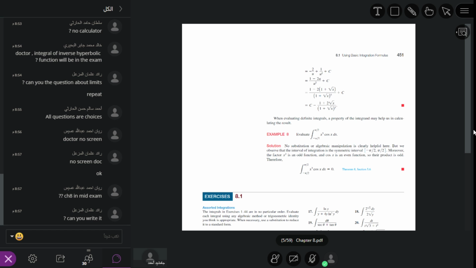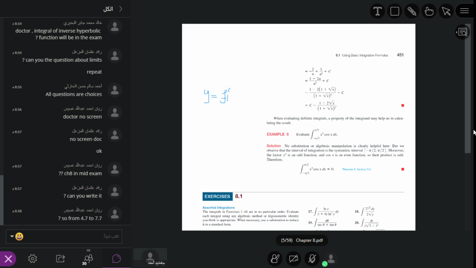Here I am asking, if we have y is equal to f of x power g of x, how can we solve this? And we have the limit.